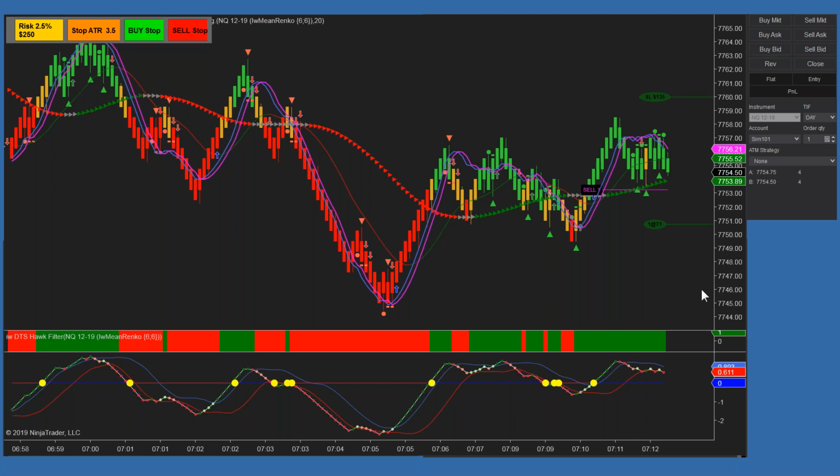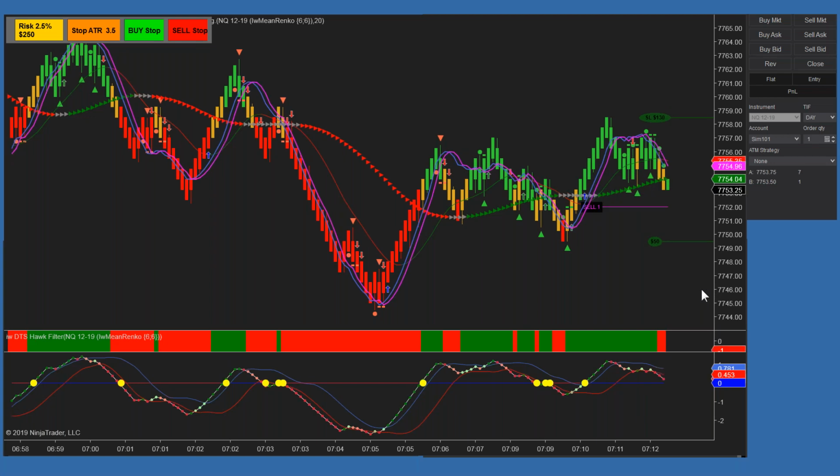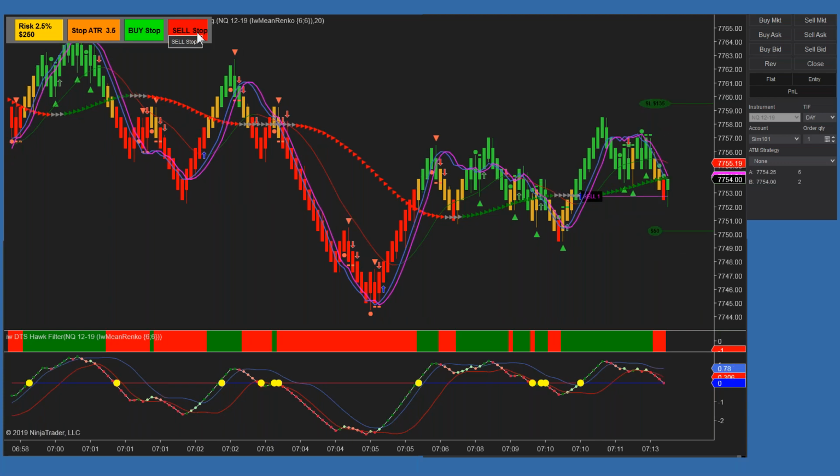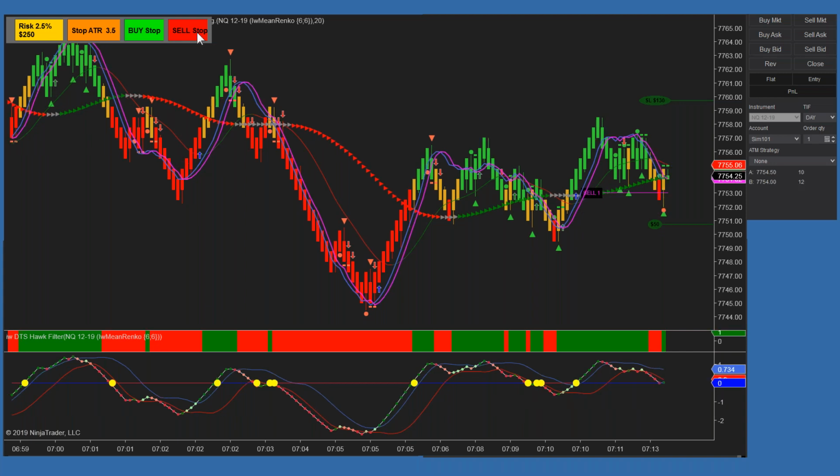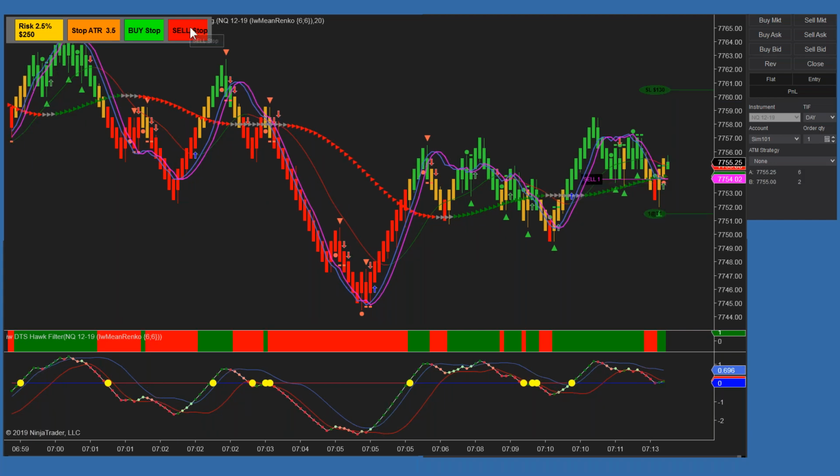Okay, now we're bearish, there's that red bar buy signal, or the warning dot anyways. We don't have the red bar buy just yet. There it is. There's a completed signal. So if the market trades below the low of this bar right here, I can short it. No, now we're stacked bullish again.